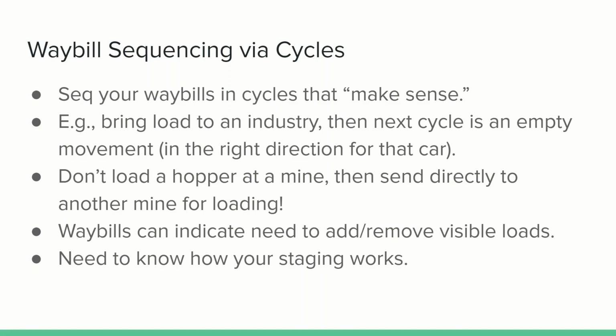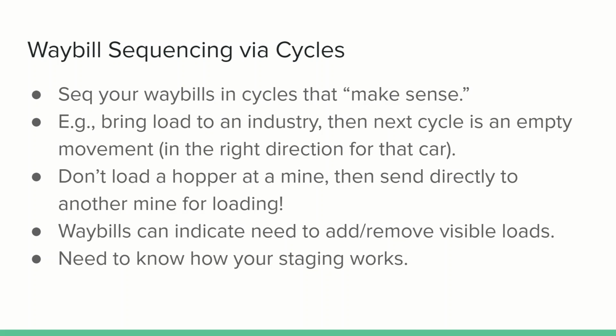How do you actually set up these waybills in a way that the pattern of car movement actually makes sense for a given car? If you even care about it, I do. So it is something that I think about, and the tool itself doesn't actually do anything to help you with that. You just need to think about it as you lay these out.